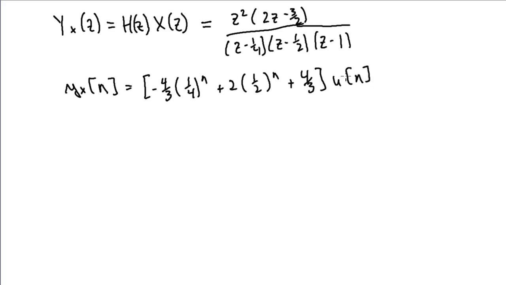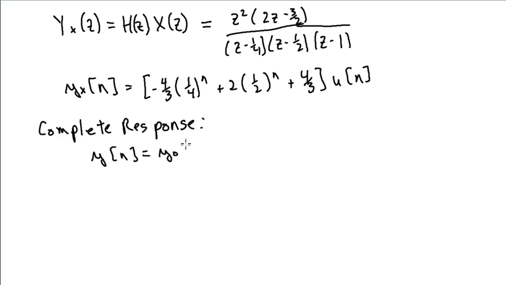So now I can put the two pieces together to get the complete response. It's the sum of the free response and the forced response, or the zero input and zero state responses. So y of n is the y0 component plus the yx component.